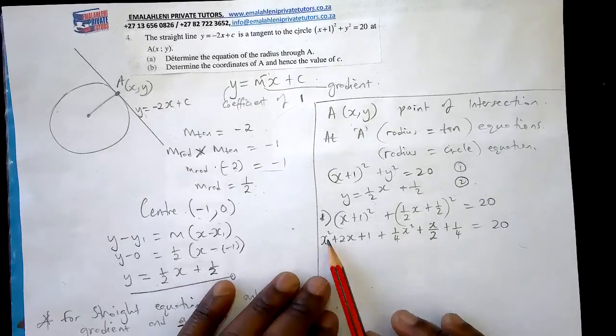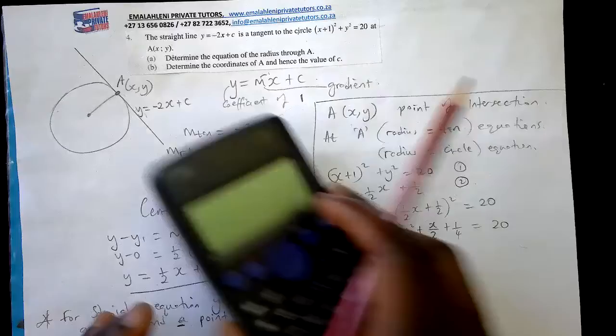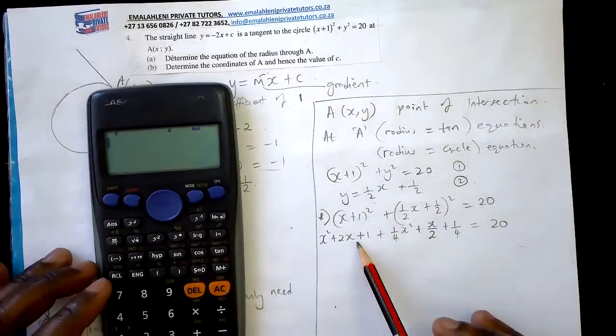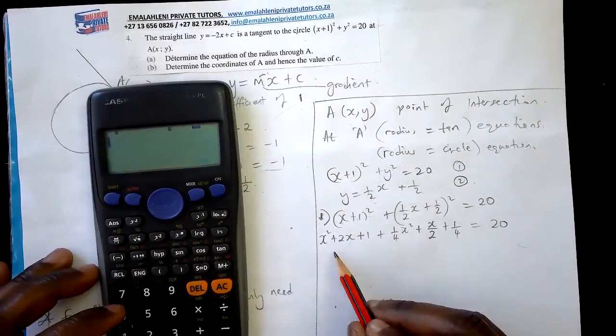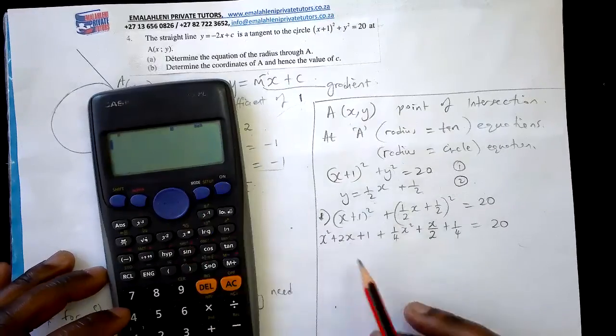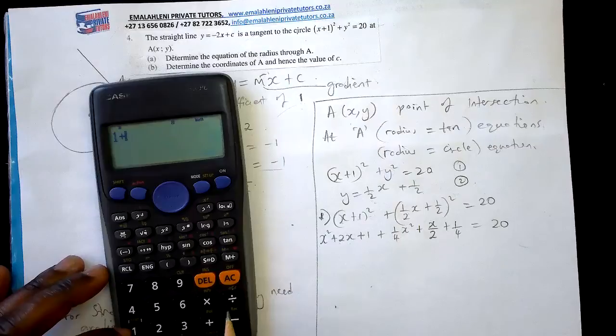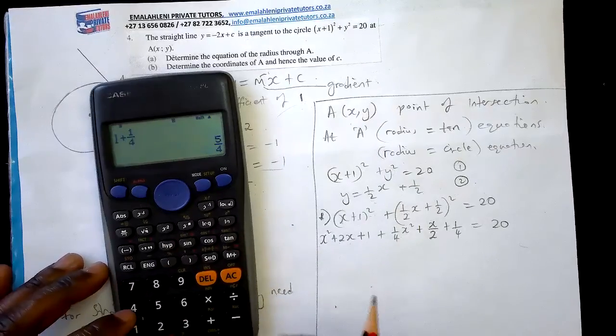Now, what do we do now? I'm going to take the 20 to this side as well. x² plus 1 over 4 x², so 1 plus 1 over 4 gives us 5 over 4.